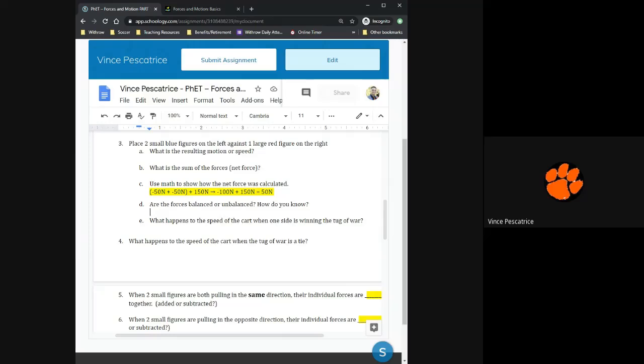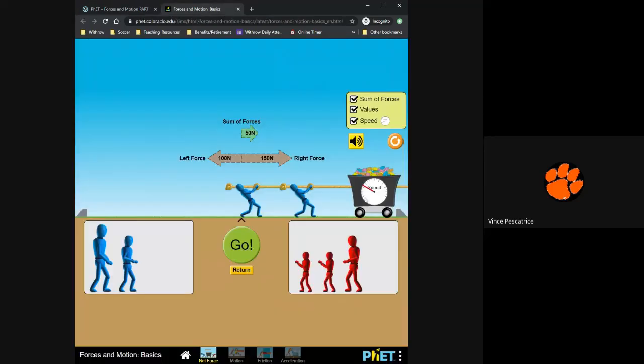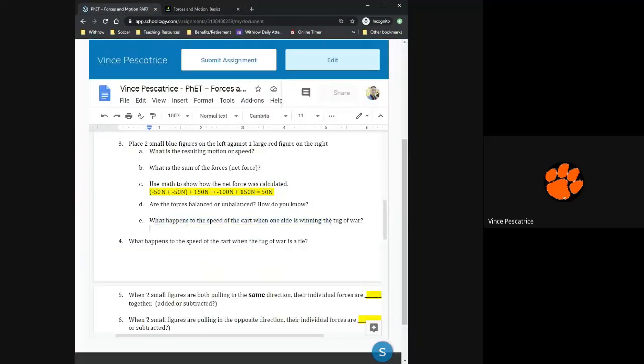And then finally, what happens to the speed of the cart when one side is winning? So what do we notice about the speed? It started at 0 and it increased to here. So what should I put for E? You can speak it if you don't want to type it.